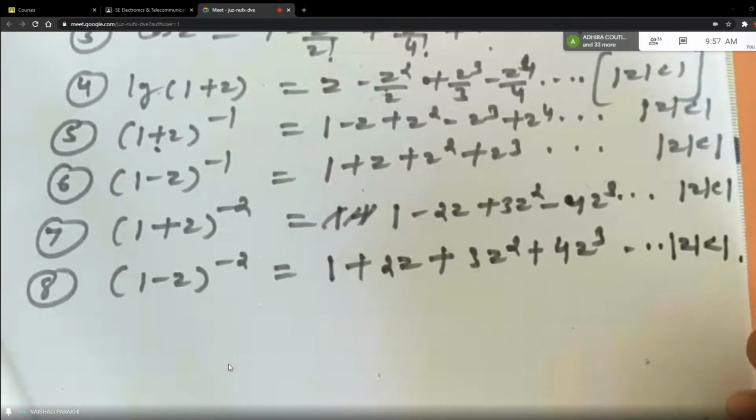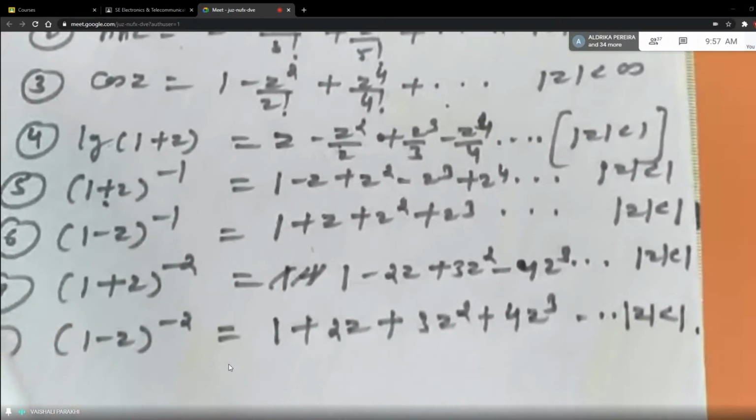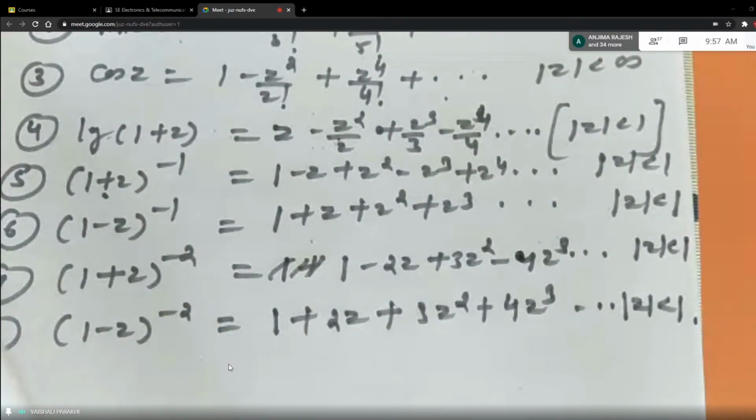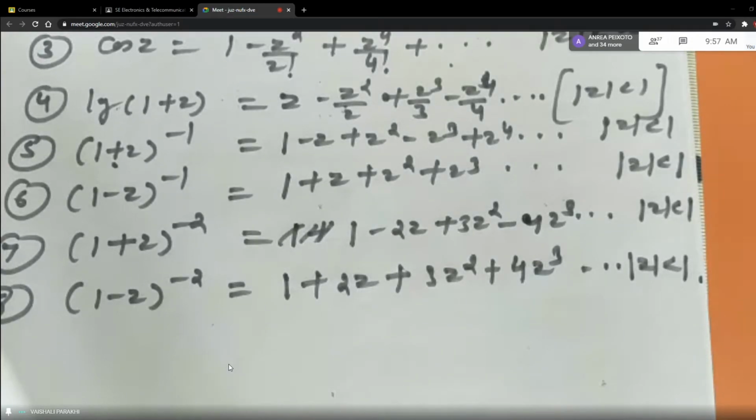Okay. So these are all standard series. It is a revision of all these standard series. Somewhere or the other you have used these expansions. Okay. Now let us solve some examples.